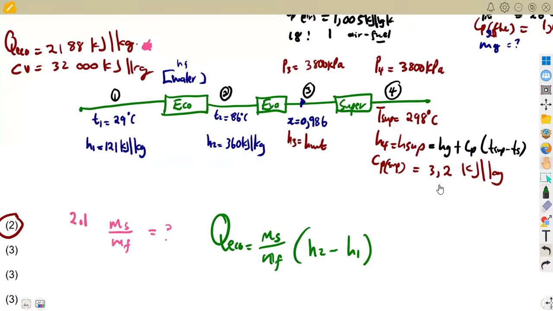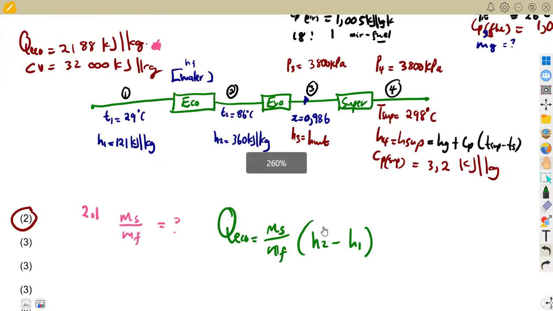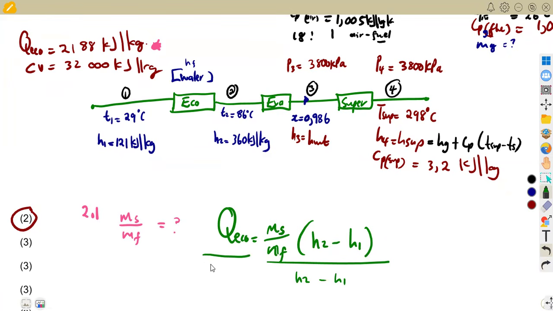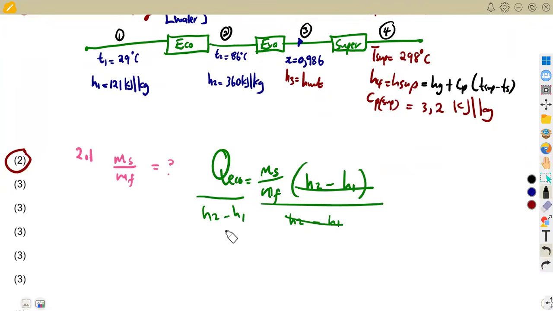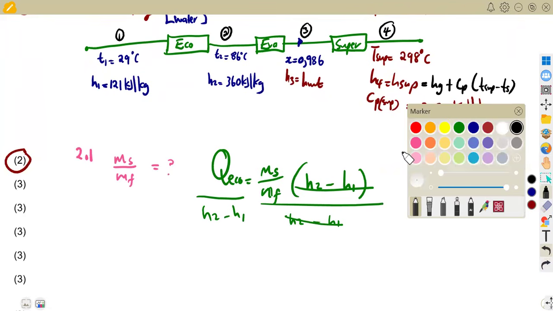This gives us our answer in kilograms per kilogram fuel. So in this case, we need this. What are we going to do to find this? We simply have to divide by the bracket of what? H2 minus H1, since we are multiplying. If we divide by H2 minus H1, we are left with the mass of steam to the mass of fuel, and that is exactly what we need.